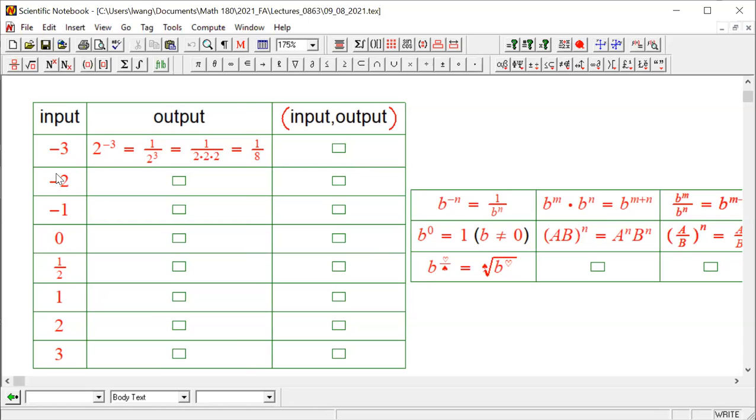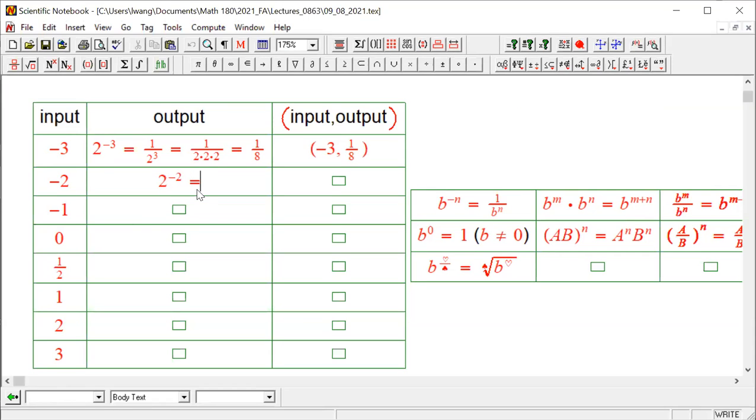2 to the power negative 2. What would that be? I want you guys to finish this table to compose that input and output. So when the input is negative 3, the output is 1/8. The input is negative, the output is positive.